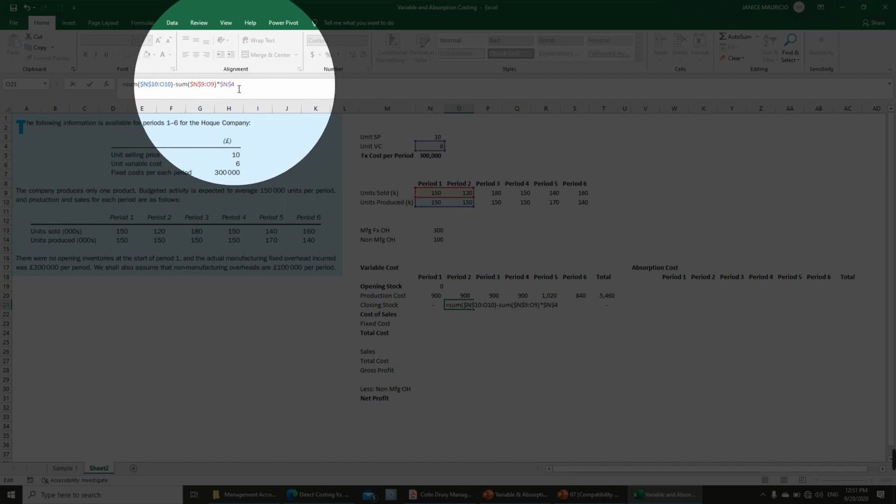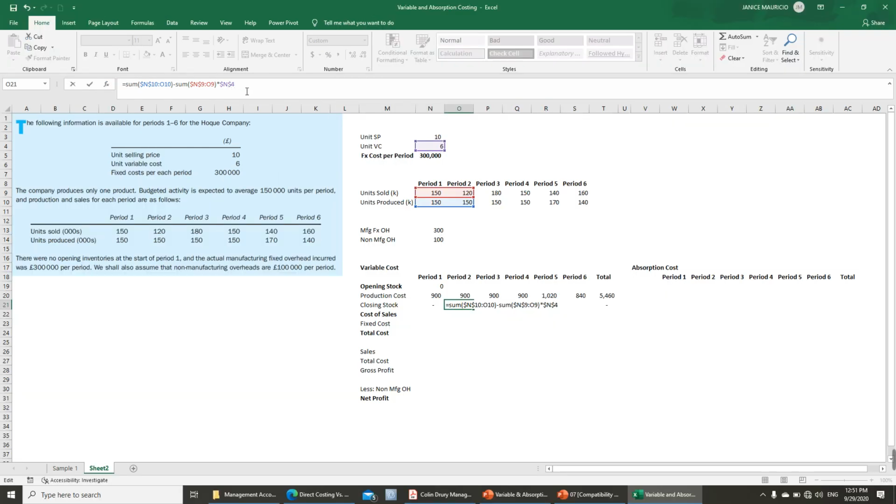You can press F4, but in here I'm just typing it manually and highlighting it as well so that you will see, okay? So it should be sum of N to O minus sum of N9, but we shouldn't forget to put in parentheses, okay?